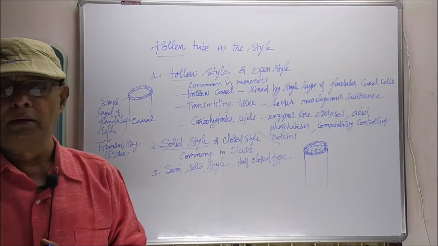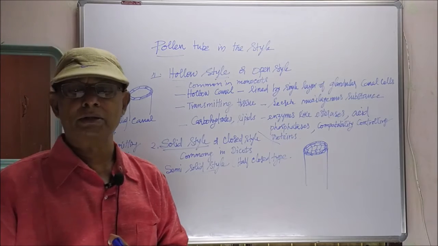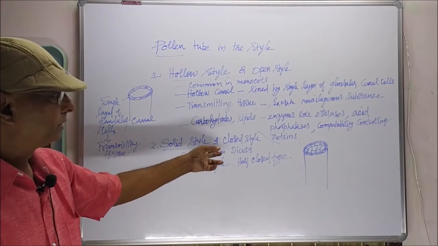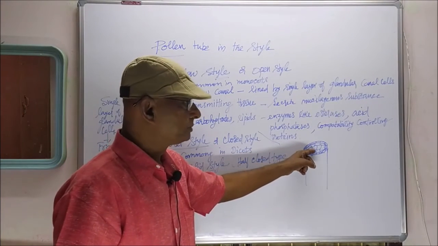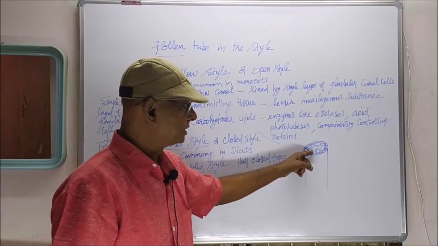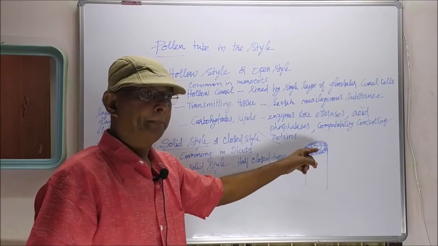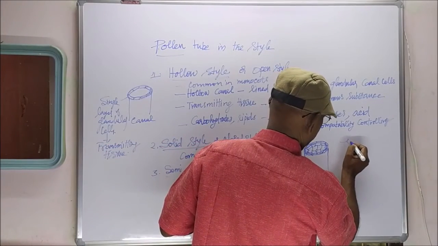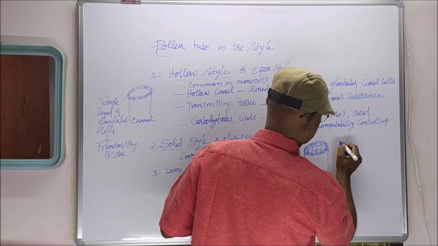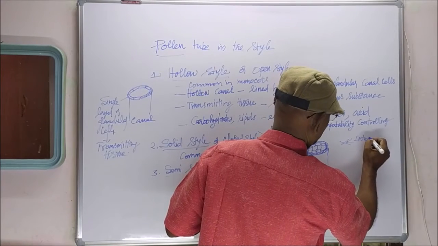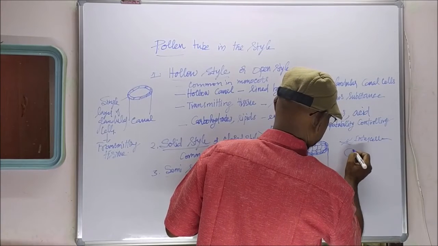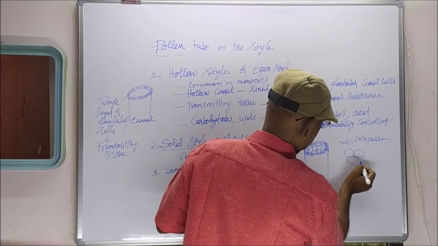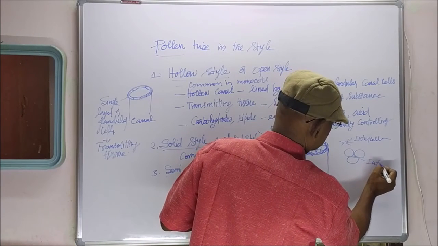Then the pollen tube grows through the intercellular spaces of the transmitting tissue. But the growth is different. Here the pollen tube grows in between the transmitting tissue. In the cells of the transmitting tissue, space will be there. That is the intercellular space, in between the cells. You can say, if you draw like this, in between the three cells, intercellular space.